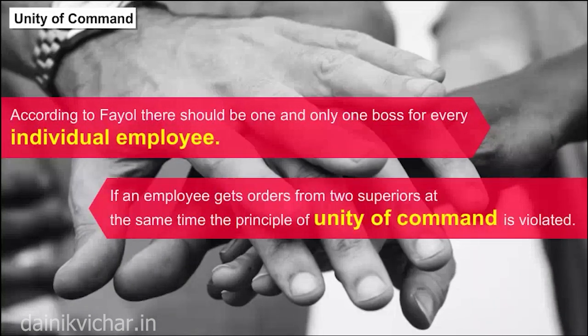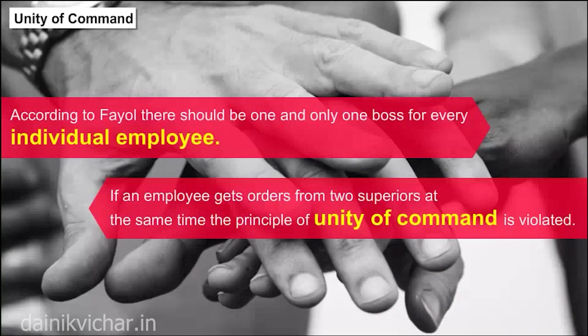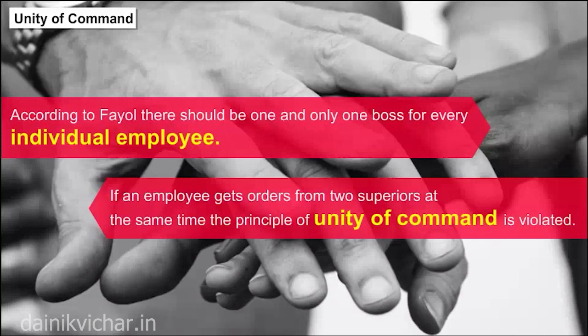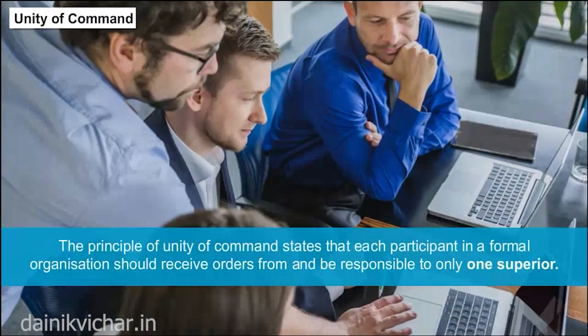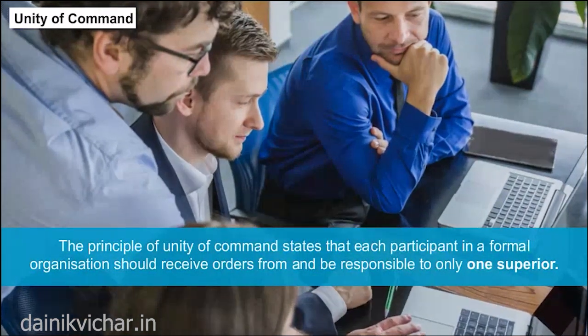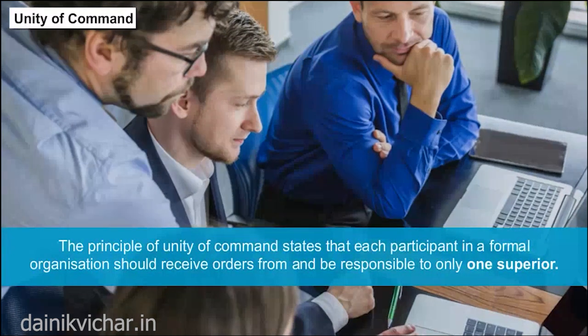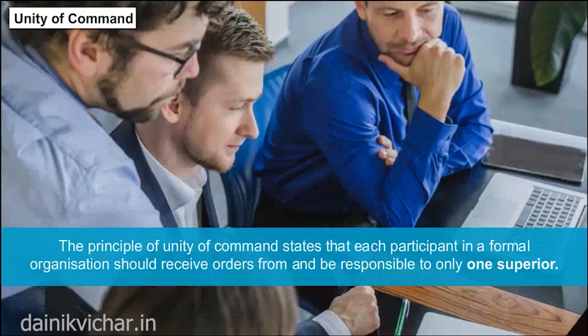If an employee gets orders from 2 superiors at the same time, the principle of unity of command is violated. The principle of unity of command states that each participant in a formal organization should receive orders from and be responsible to only one superior.